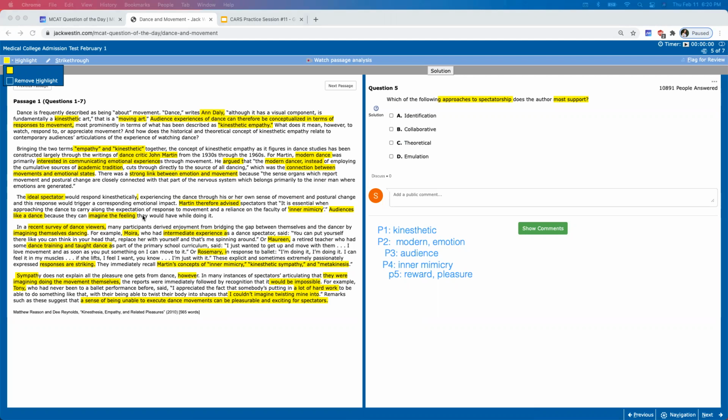Okay, this is where we have to be careful, and I know a lot of you mentioned that 5 was tricky. So which of the following approaches to spectatorship does the author most support? So spectatorship is where they were imagining themselves dancing, right? So that was mostly paragraph 4 and 5.